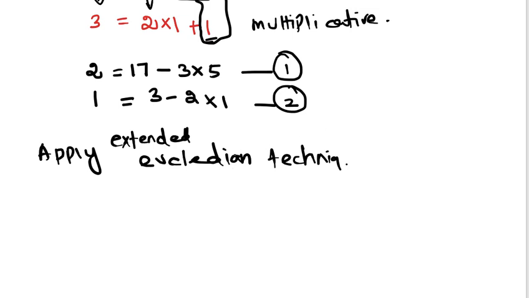The extended Euclidean technique is nothing but from the last expression we will find the value and proceed. Here in this problem we have only two expressions. If you have two or more expressions, from the last expression we will find the value. For this problem we are considering the second expression: 1 equal to 3 minus 2 into 1.